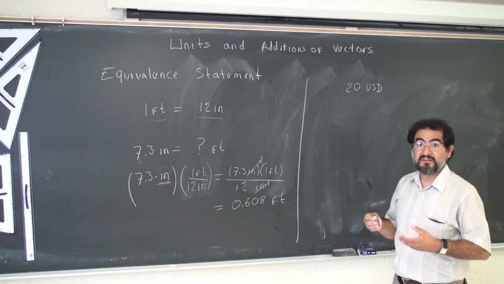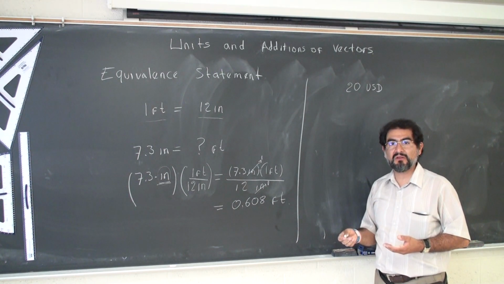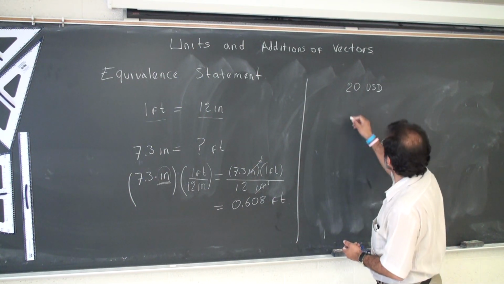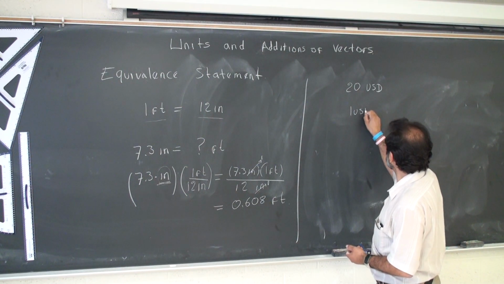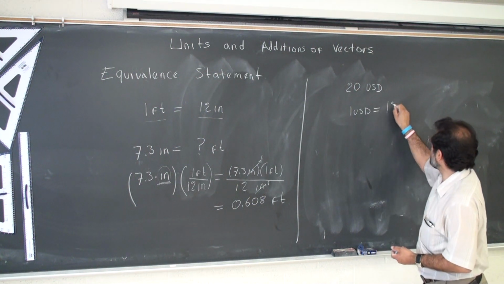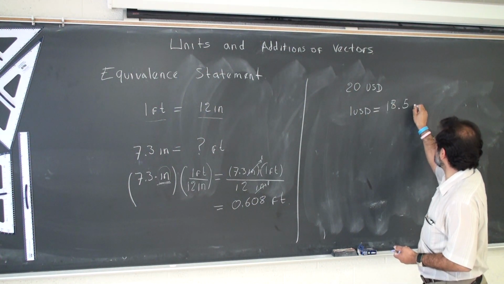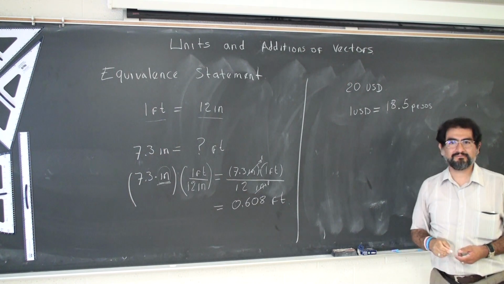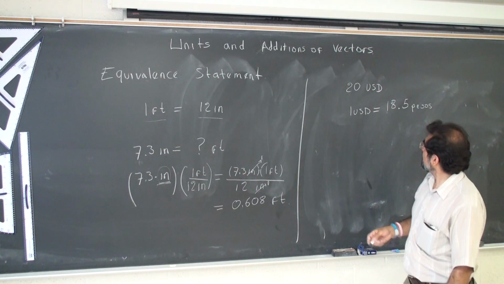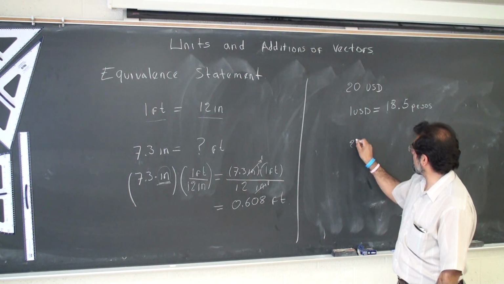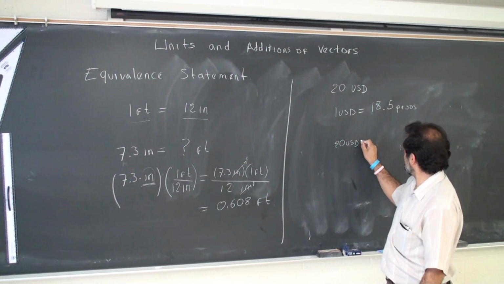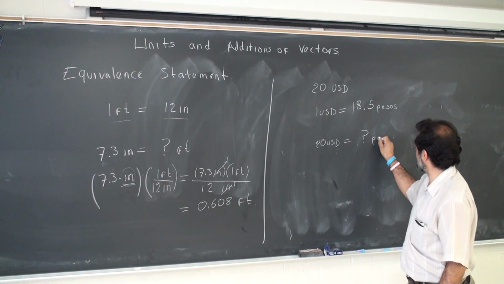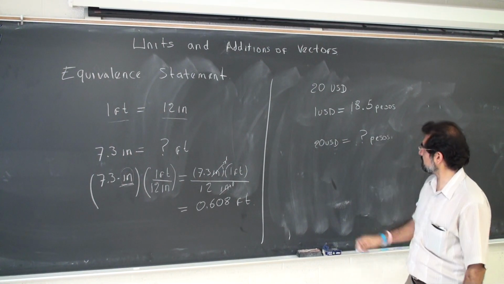Right now, the equivalence statement, something that we call the change rate in the economic system, is that $1 is going to be 18.5 Mexican pesos. Okay, let's see. Let's transform $20 into how many Mexican pesos?